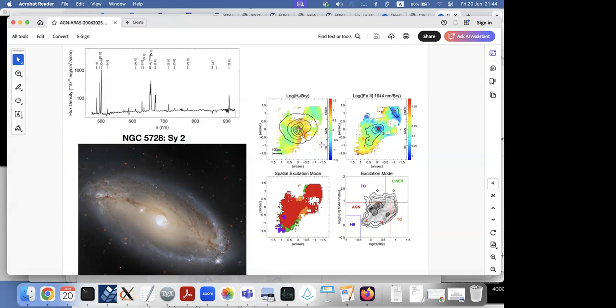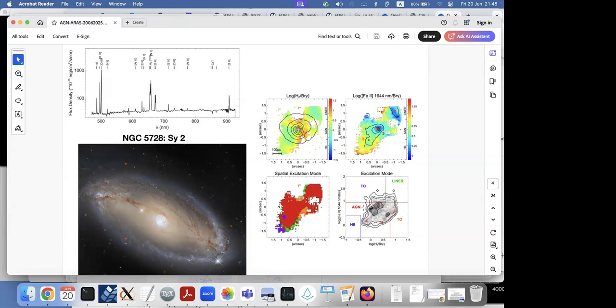And because it's an integral spectrum, you get the whole spectrum. This isn't photometry. You can choose how you combine those in such a way that you can eventually reconstruct the actual distribution of those lines. And this is what I wanted you to see: the central object has different excitations.